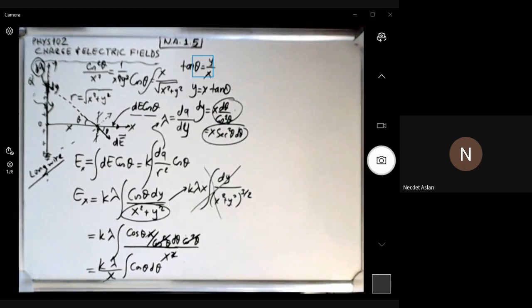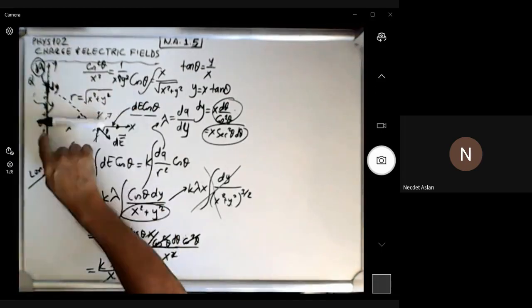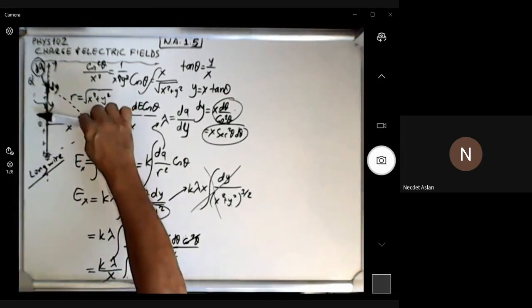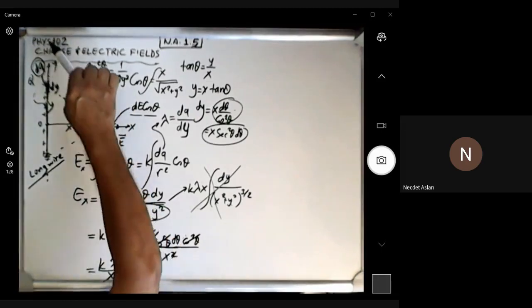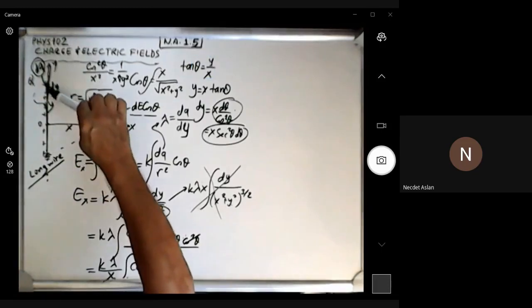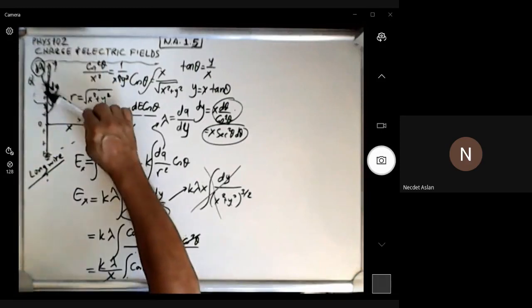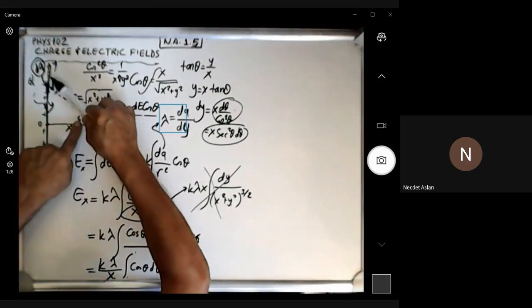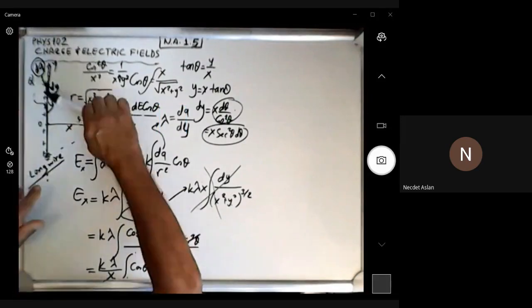So now, we have to put the limits for these angles. Don't forget, for this one, for instance, the angle is very small, but when you go in the upper direction, in the positive y direction, and consider all these small segments, the angle will approach pi over 2, 90 degrees, for infinitely long distances.